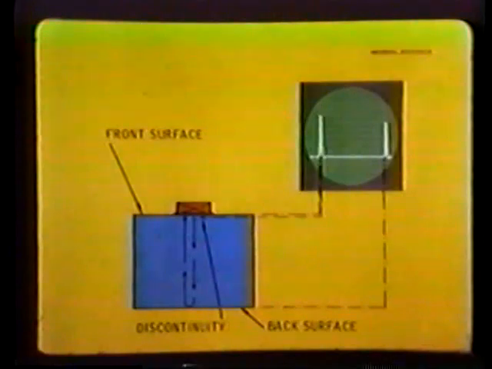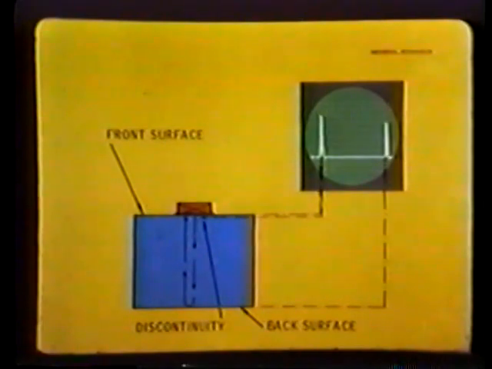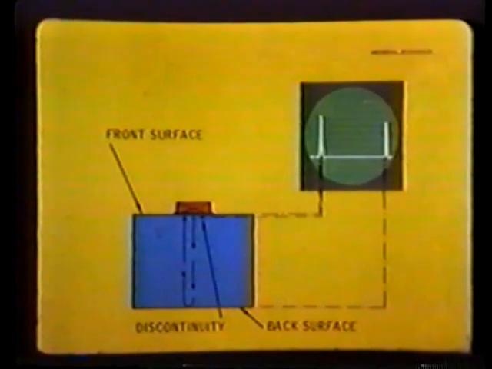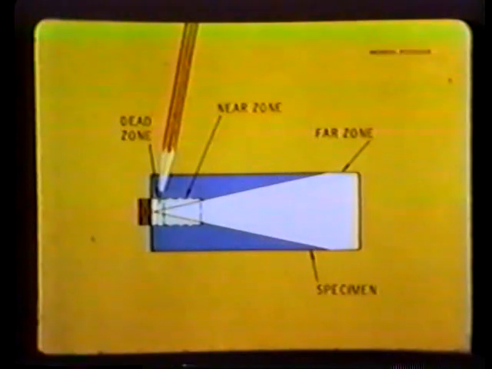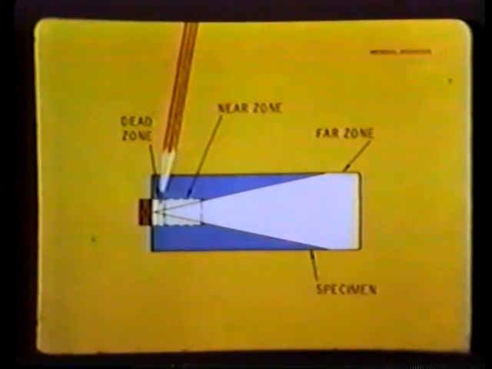It's possible in ultrasonic testing for the initial pulse to partially block or obscure an echo from a discontinuity located near the test surface. Since the transducer may still be transmitting, it can't receive any reflections. This, you'll recall, is the dead zone, that part of the sound beam in which discontinuities may be masked by the transmitted ultrasonic pulse.